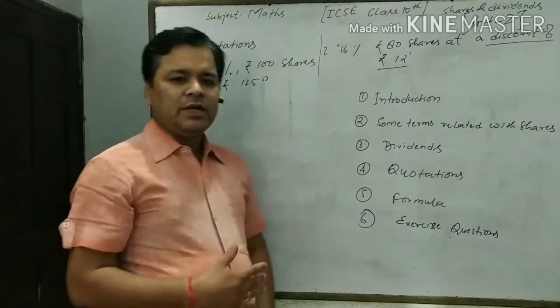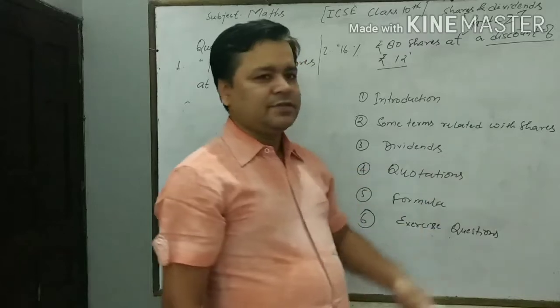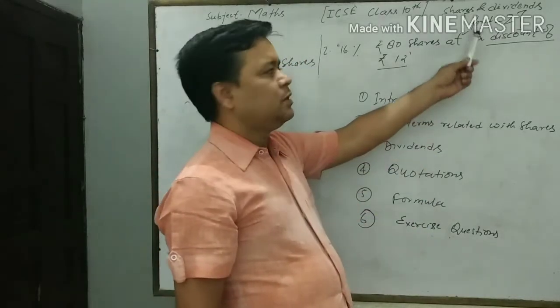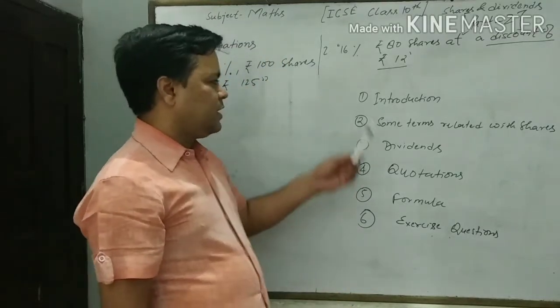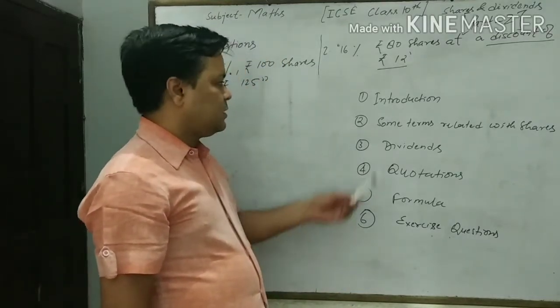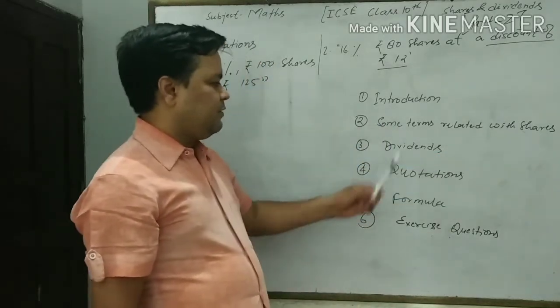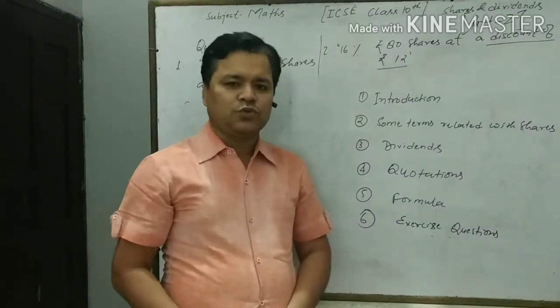In my last video classes, we discussed shares and dividends. That was the first part, and this is the second part of the topic. In the first part, for convenience, we divided the topic into 6 parts: introduction, some terms related with shares, dividends, quotations, formula, and exercise of the questions.